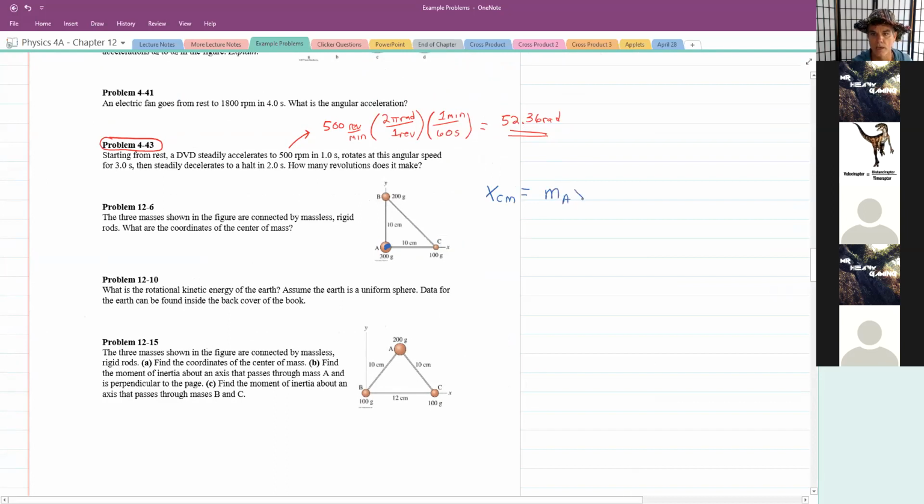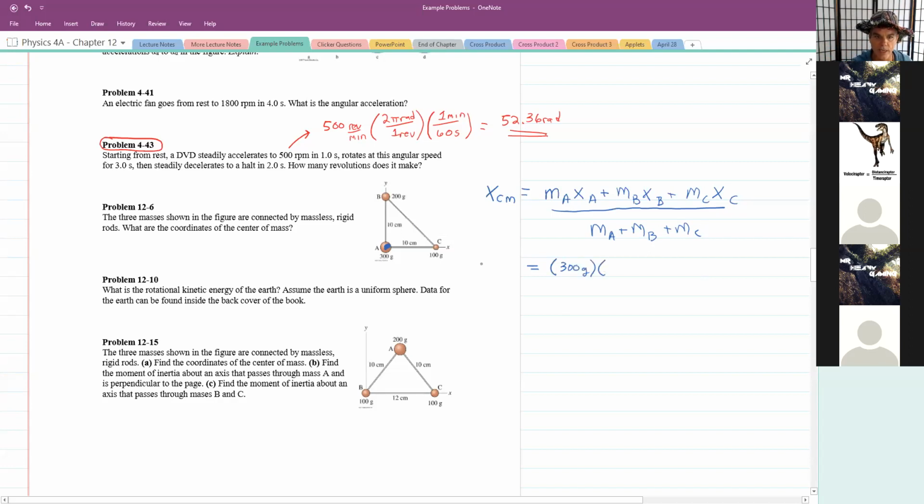It's going to be MA XA plus MB XB plus MC XC, divided by MA plus MB plus MC. Here we can just stick with grams because I have grams in the numerator and grams in the denominator. Mass A is 300 grams.